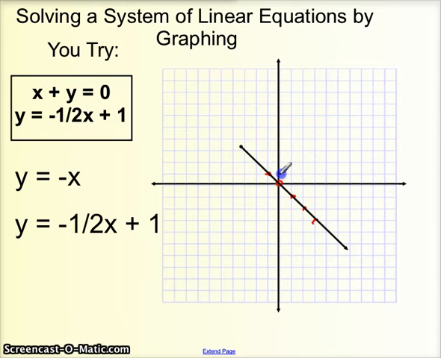You should have started at positive 1 on the y-axis and then went down 1 to the right 2, down 1 to the right 2, and so on. You could have gone up 1 to the left 2, and then there you would have your point of intersection. And if you checked your solution, you would have found that your solution is negative 2 comma positive 2.